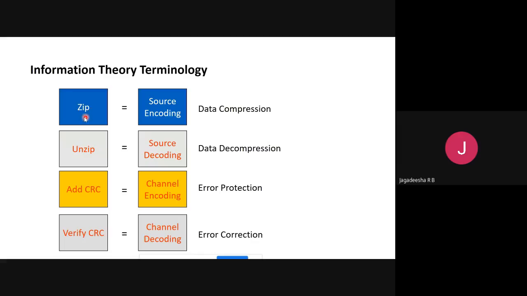We are reducing the size of the file, and decoding is unzipping. Similarly, channel coding. What is channel coding? Like adding CRC bits. This is called cyclic redundancy check, with redundancy bits for the channel. This is mainly used in computer communication. And at the decoding, we need to verify these CRC bits. We will see how to compute and verify the CRC, etc.